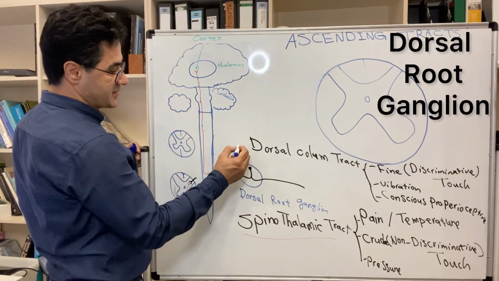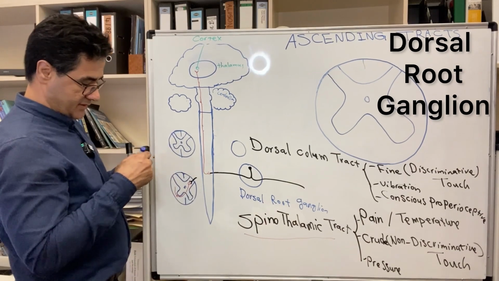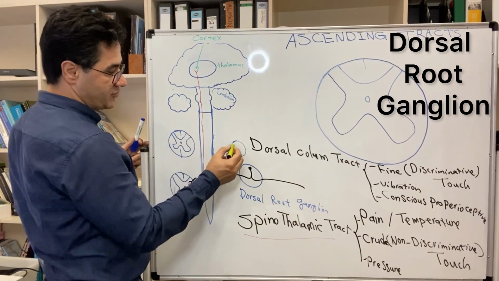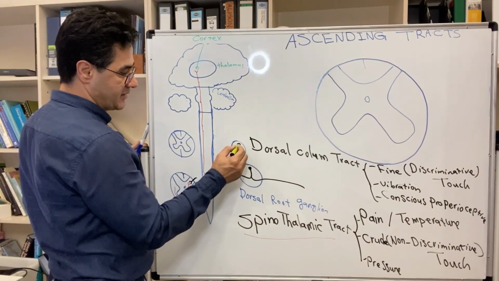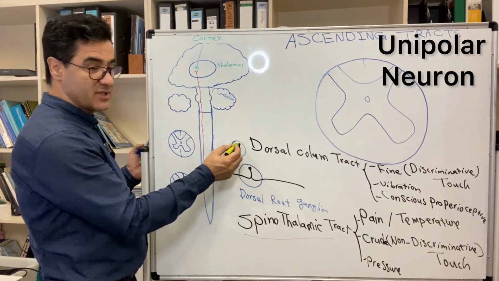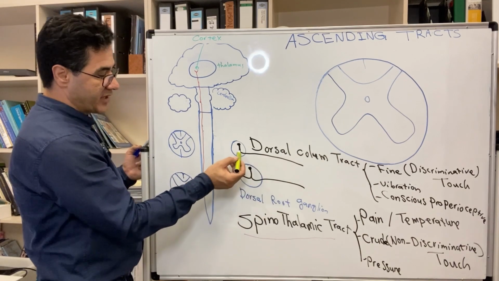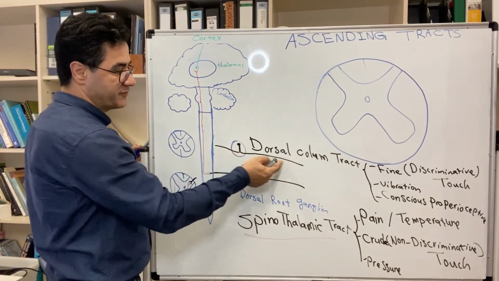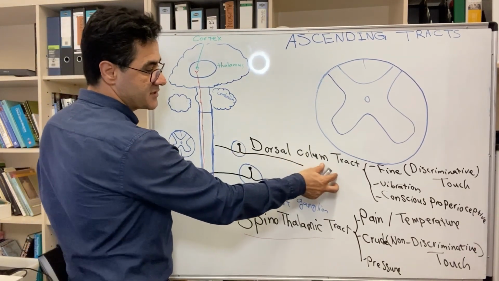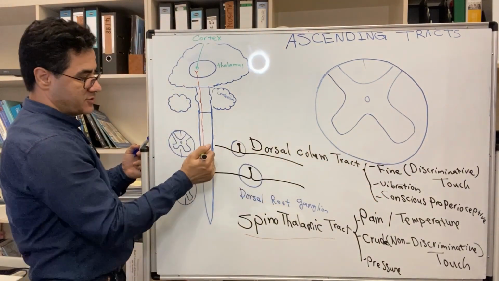So imagine that here we have the dorsal root ganglion. The cell body of the first order neuron is here, and it's unipolar. Uni means one axon, which splits into a peripheral branch and a central branch. The peripheral branch is connecting to the specific receptors, carrying that information to the spinal cord.